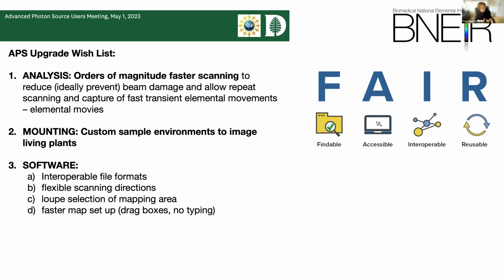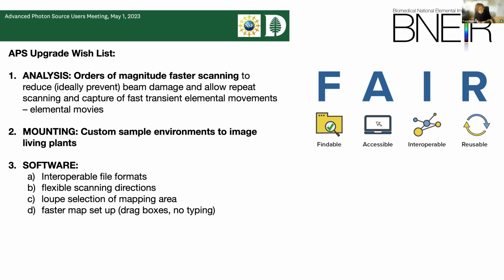Because as we get down to really small beams, we're going to be just imaging the damage that we've done post-mortem or in sample preparation. And I think our move to in vivo imaging is very important to science.